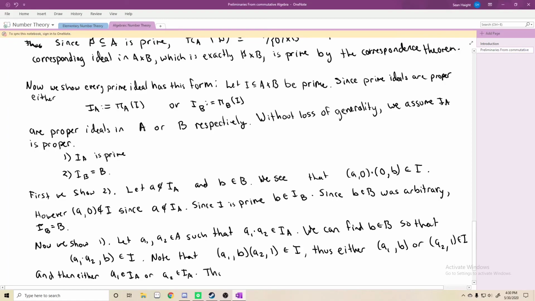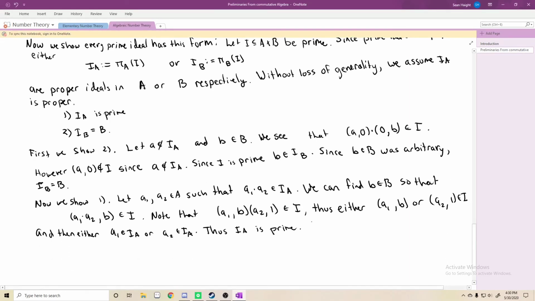So thus I sub A is prime. Since we saw earlier, I didn't really prove it, but I stated it, since I is I sub A times I sub B, which is, we saw that I sub B is B, and I sub A is prime. This proves the result.